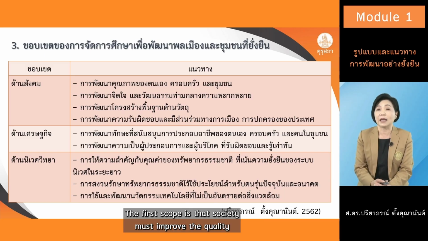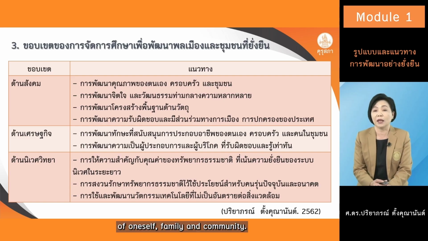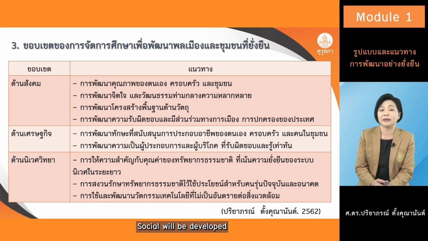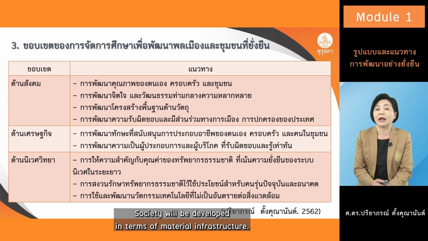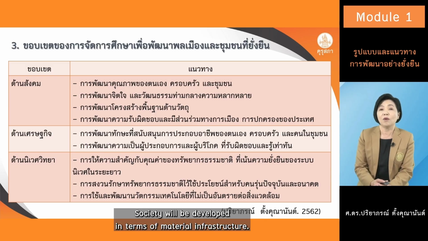The first scope is that society must improve the quality of oneself, family, and community. Society will be developed mentally and culturally, and in terms of material infrastructure.